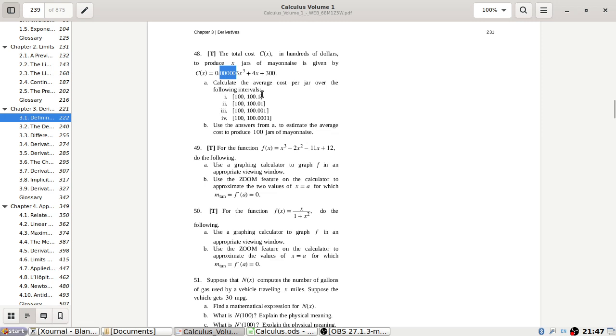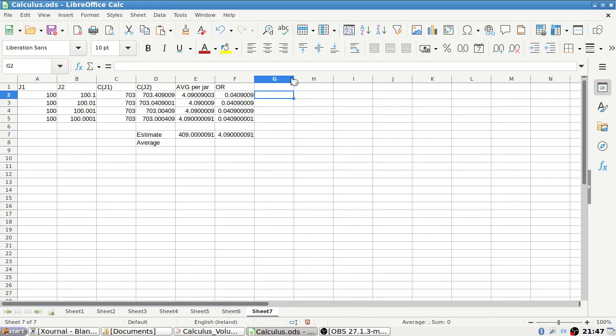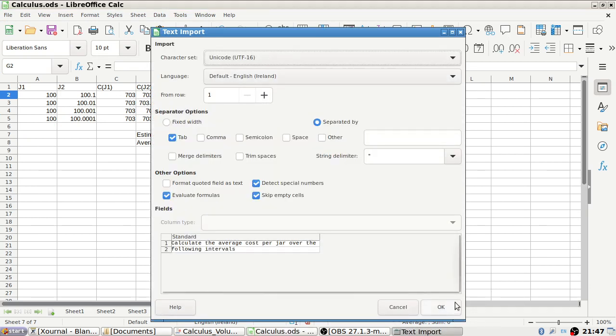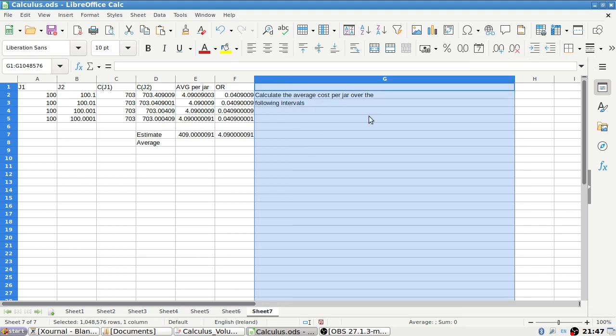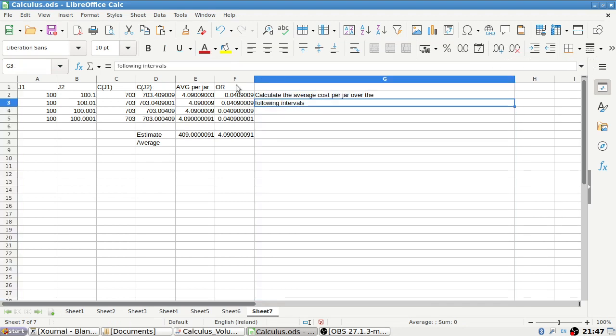I think that would be a little bit clearer. Per jar when production is in the following ranges. Yeah, that's how I would phrase it.